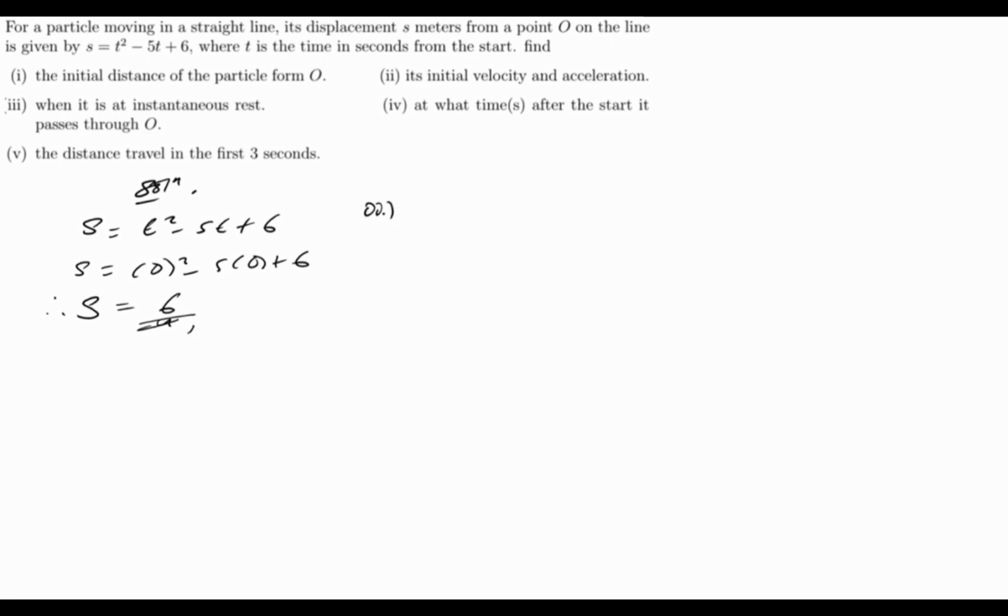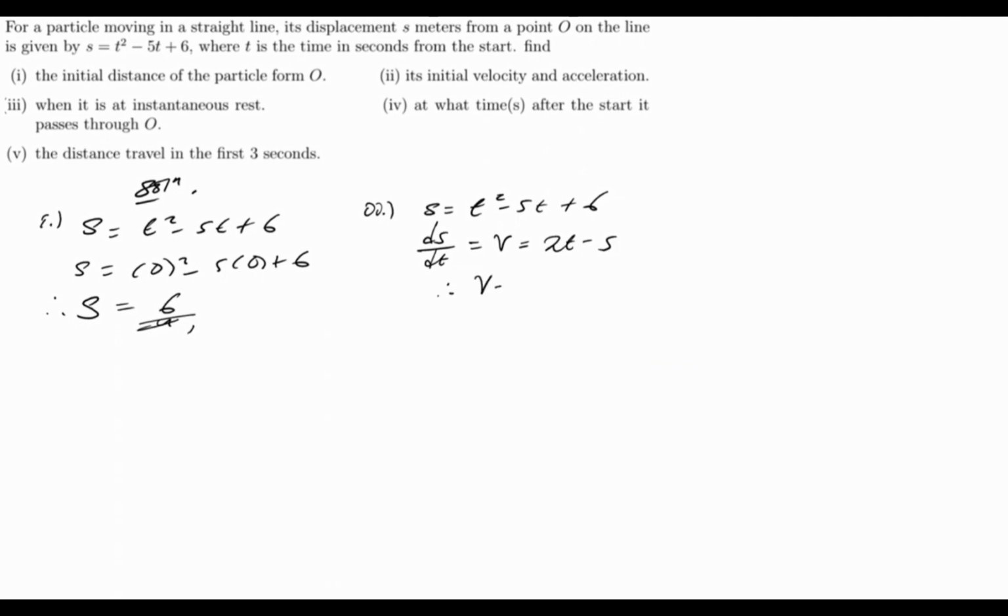Number 2 is asking us to find its initial velocity and acceleration. Now to find its initial velocity, what we have to do is to differentiate the displacement function. Since we have s equals t squared minus 5t plus 6, if I differentiate s with respect to t, change in position over a period of time, I will get my velocity, which will be 2t minus 5.